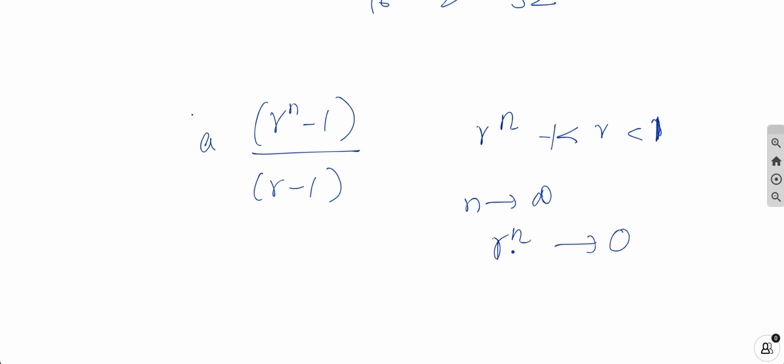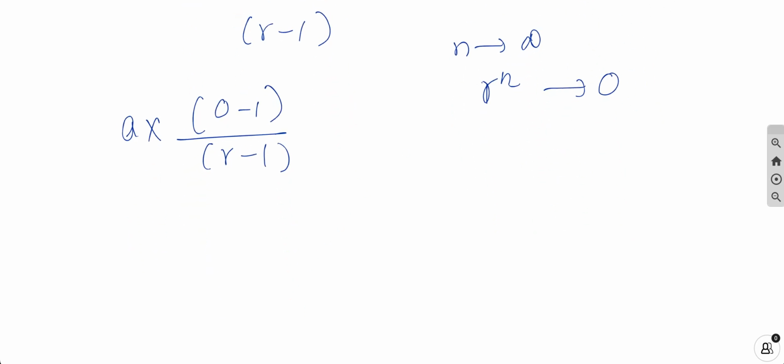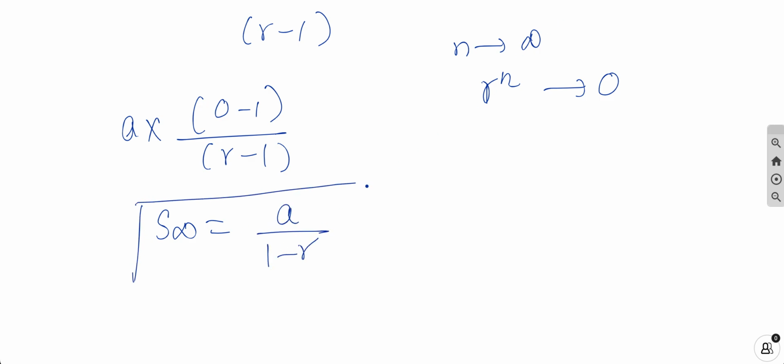It's a negligible value. So a times r raised to n is almost 0, leaving 0 minus 1 upon r minus 1. So the sum to infinity can be approximated by a upon 1 minus r, because r raised to n is negligible, and that is called sum to infinity. This only happens when the value of r is between minus 1 and plus 1.